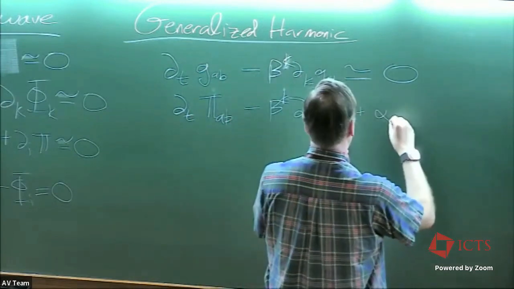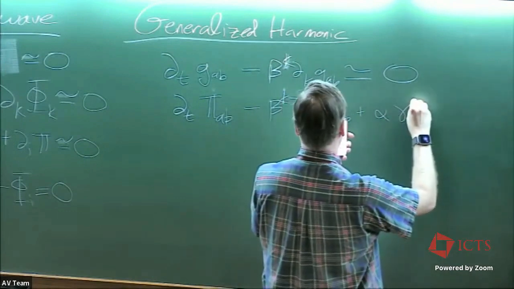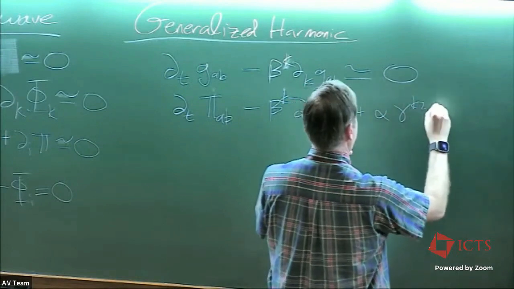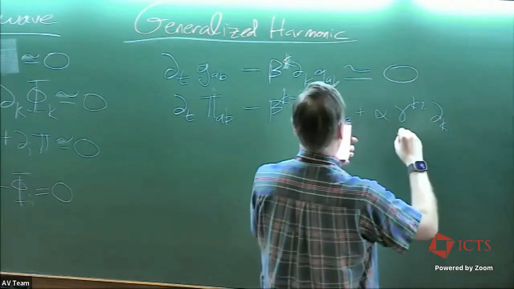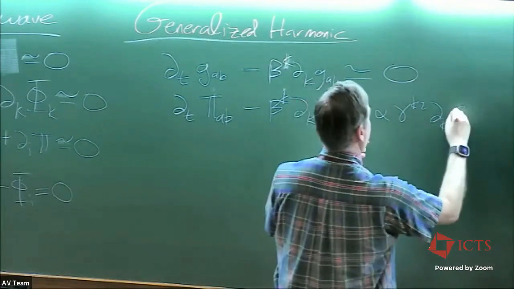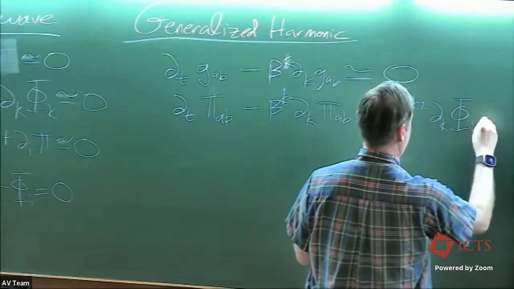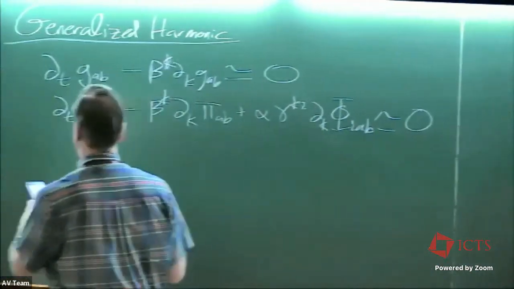I'll remind you what all these things are in a minute. Gamma, and this is the inverse spatial metric, gamma^ki partial k Phi_iab. And that is the principal part for that one that's equal to 0.